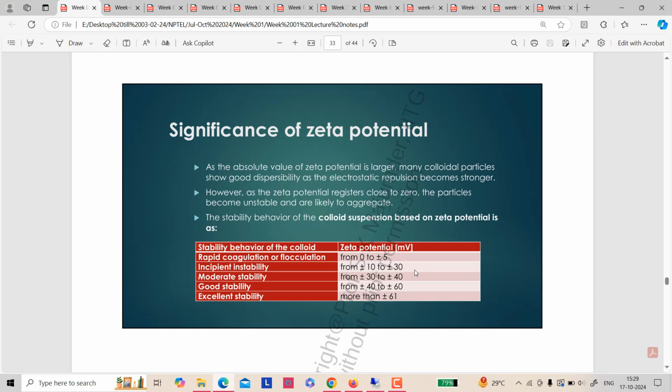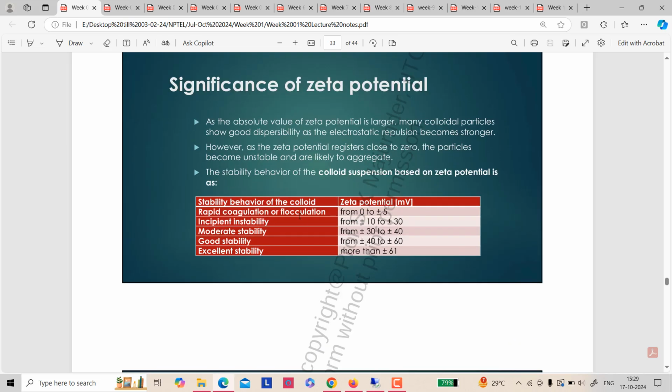Such as you have seen with iron oxide. If you try to mix iron oxide in water, after 1-2 minutes or after 5 minutes it will settle down at the bottom.